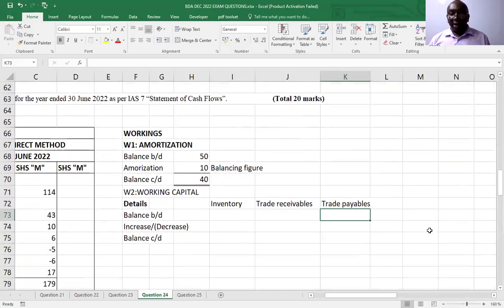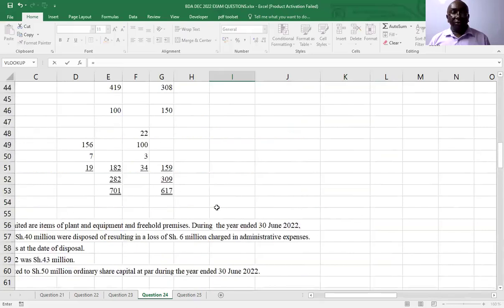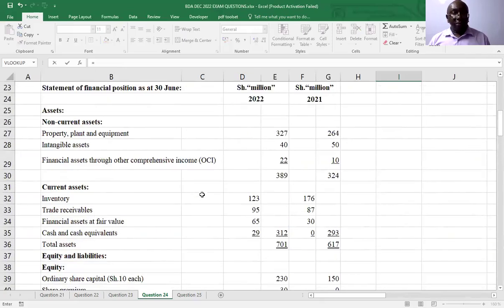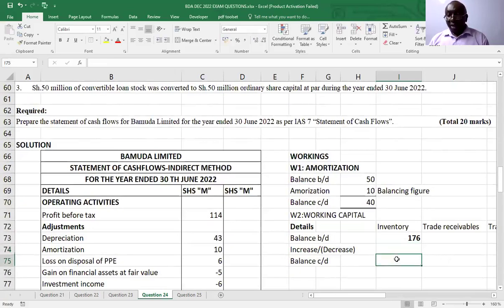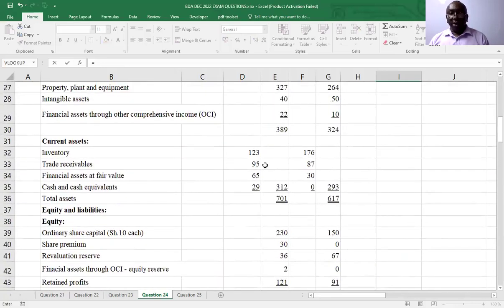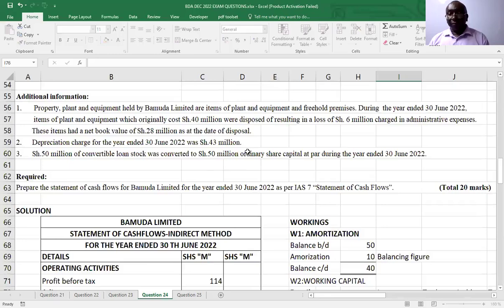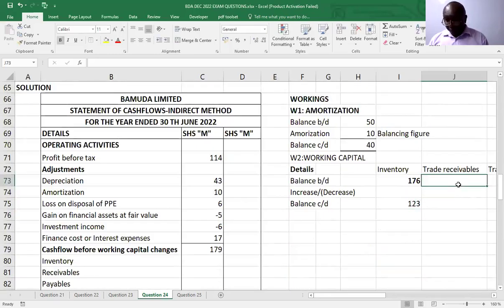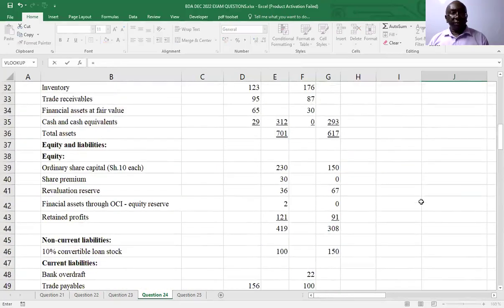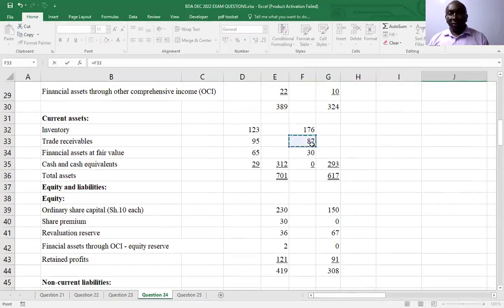So let's put the entries. For the inventory, the opening balance is this one. The closing balance for inventory, this one. Trade receivables, the opening balance, this one.